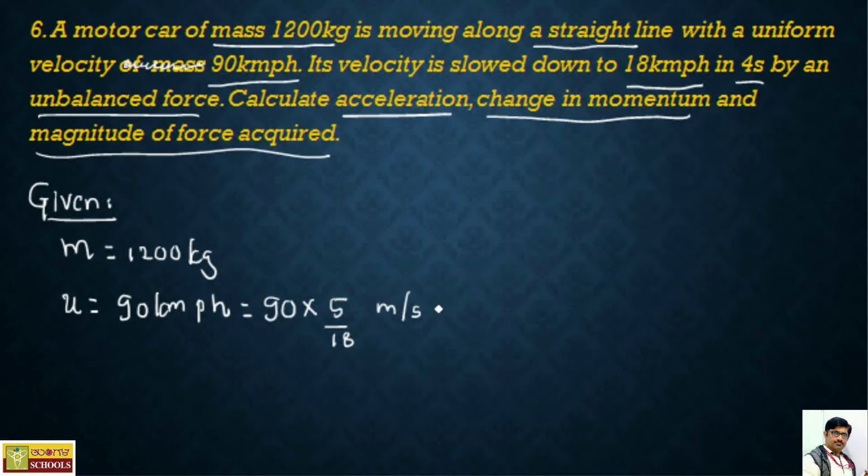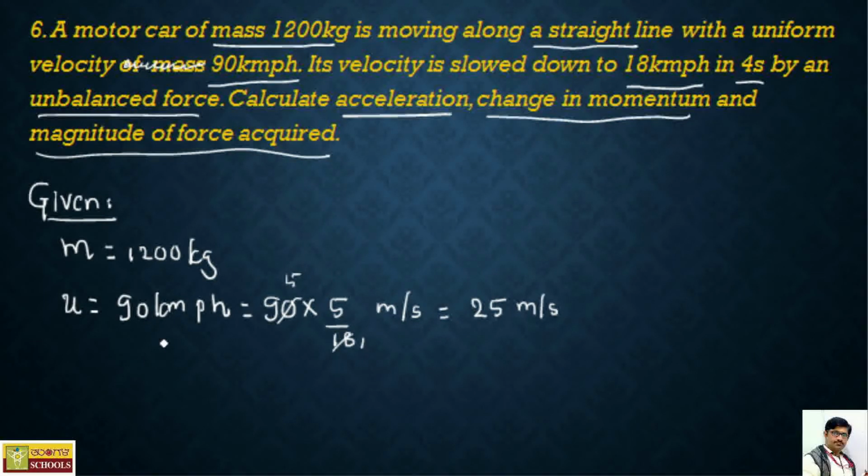That is 18 ones are 18, fives are 5 into 5, 25 meter per second. So this is the initial velocity of the motor car.